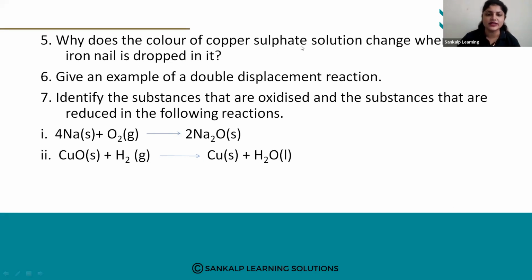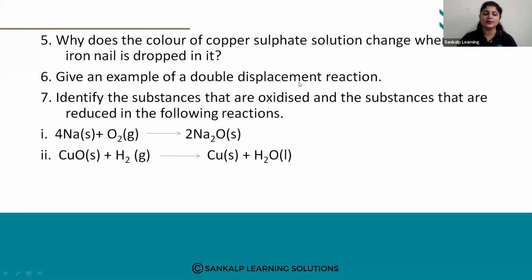Yes, so here a displacement takes place. This is an example of a displacement reaction. When the iron nail is dipped in the copper sulfate solution, iron will displace the copper present in the copper sulfate solution.